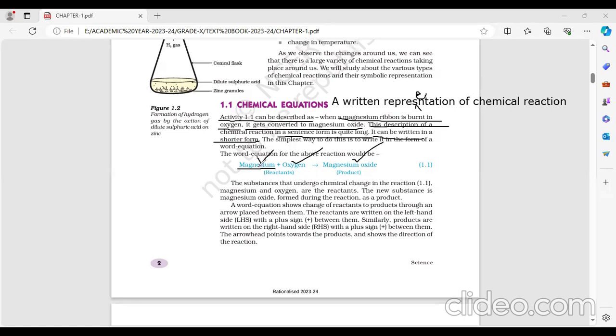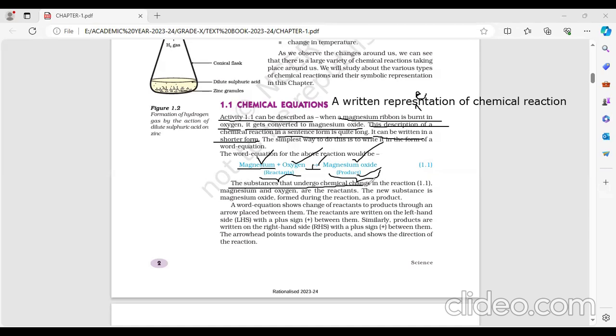So on the left side, whatever you have, they are the reactants, the LHS, left hand side, and on the right side, the product. In between these two, you will see an arrow. This is the tail and this is the head. The head points towards the product and the tail points towards the reactants. So let me read this.